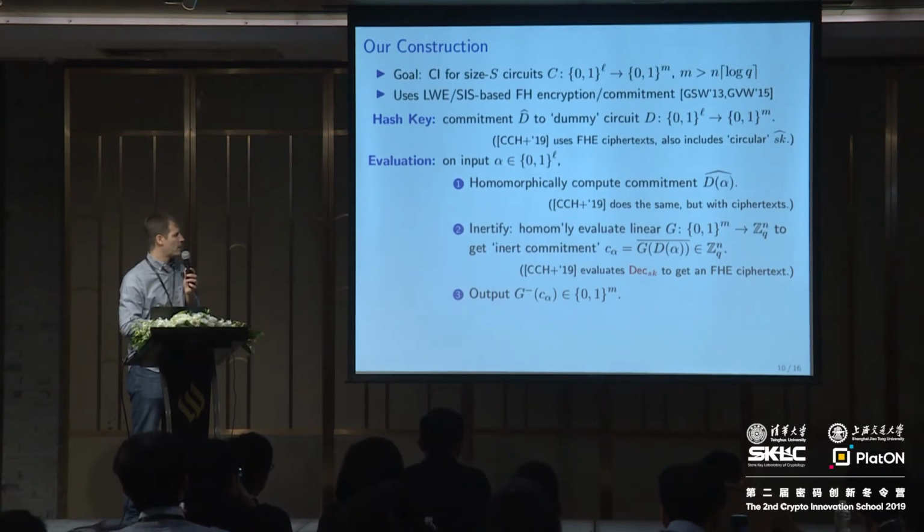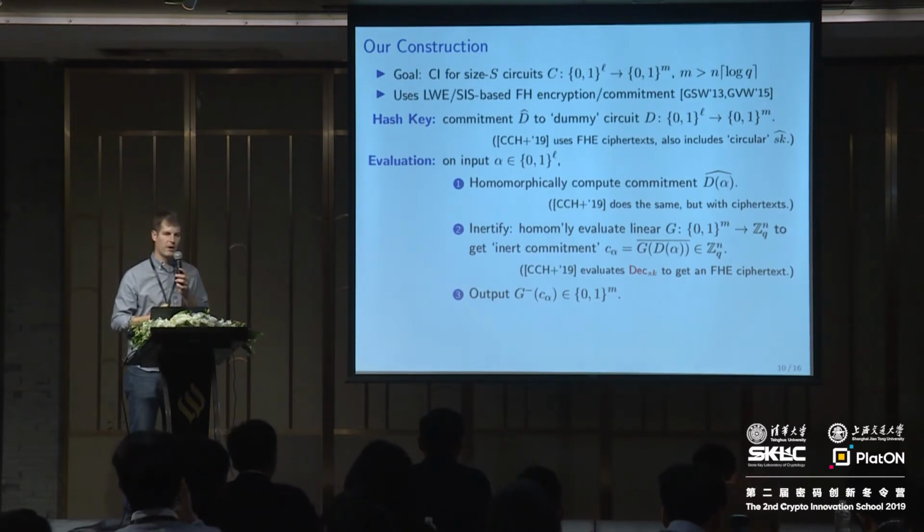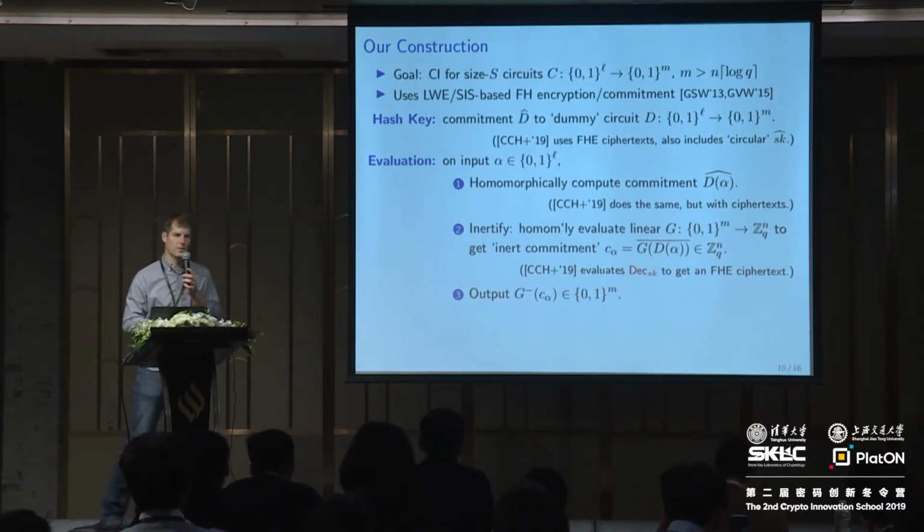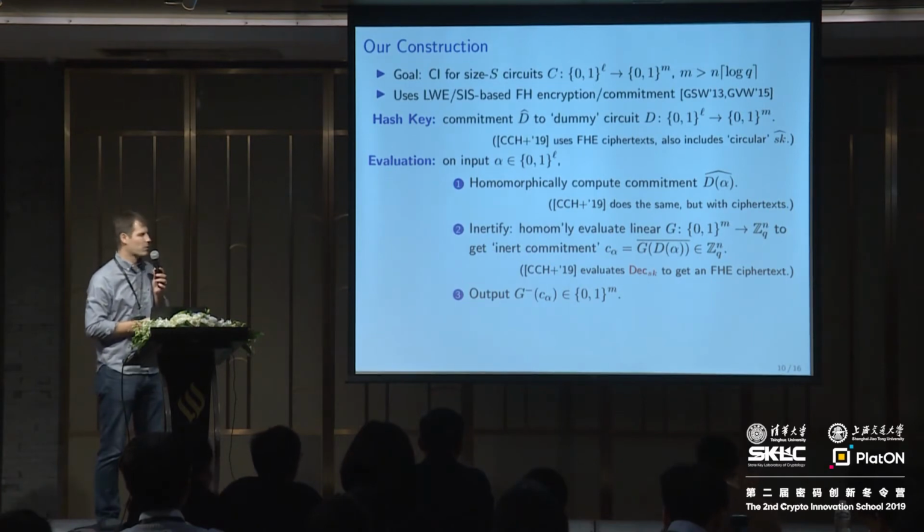Kennedy et al. instead apply the decryption function homomorphically, and they still end up with an ordinary FHE ciphertext. So here is where they use the encrypted secret key, and they apply the secret decryption function rather than this public function g. That's probably the most significant difference between the two constructions.